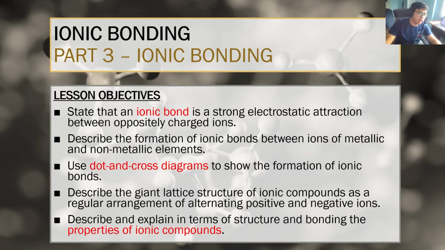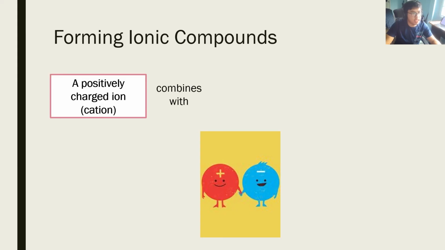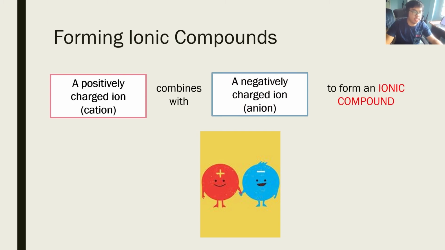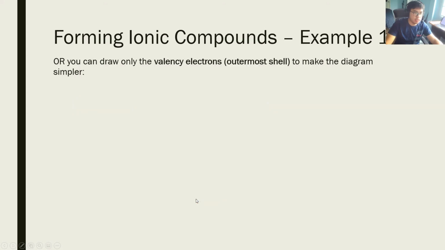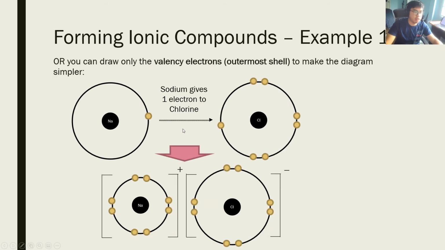Okay. Alright, so that's the end of our lesson. Just remember, what is an ionic bond or what is an ionic compound? In order to make an ionic compound, you need a positive ion and a negative ion. When these two join together, it becomes an ionic compound. Make sure you know how to draw all of this. So how to draw the atom and how to draw its ion. And also make sure you can draw like this as well.